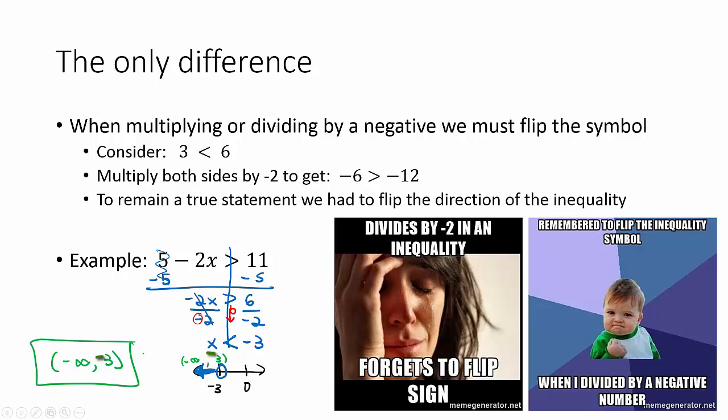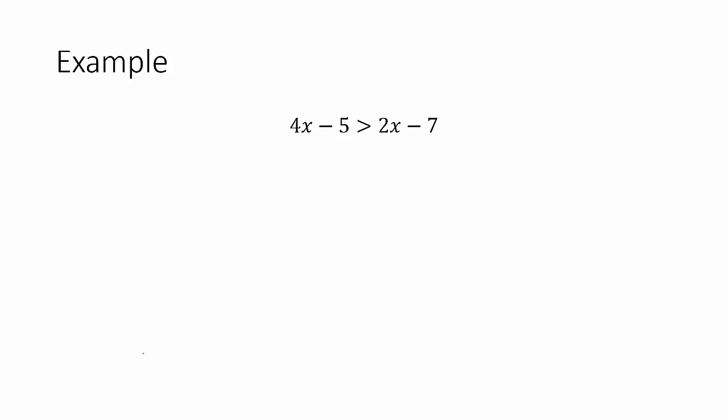So a lot like solving regular equations, we are now able to graph a picture of our solutions or give interval notation. Just keep in mind the only difference, and this is important: if you divide by a negative or if you multiply by a negative, the inequality must flip directions.